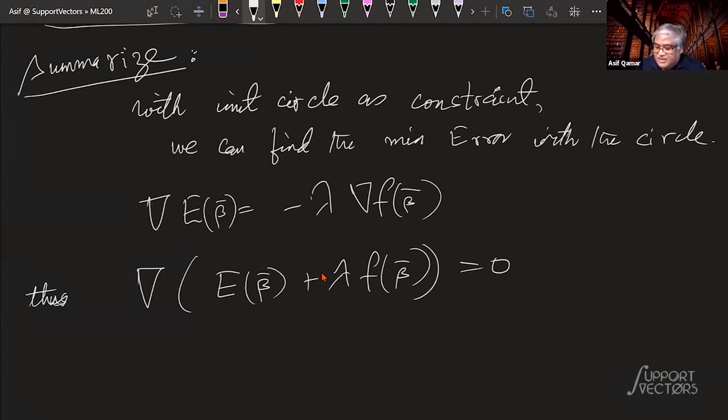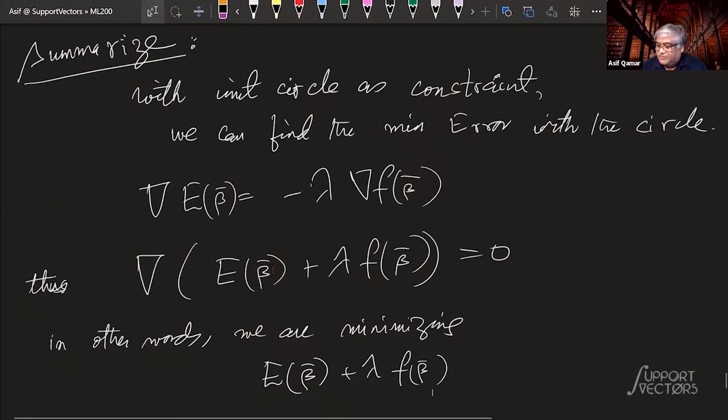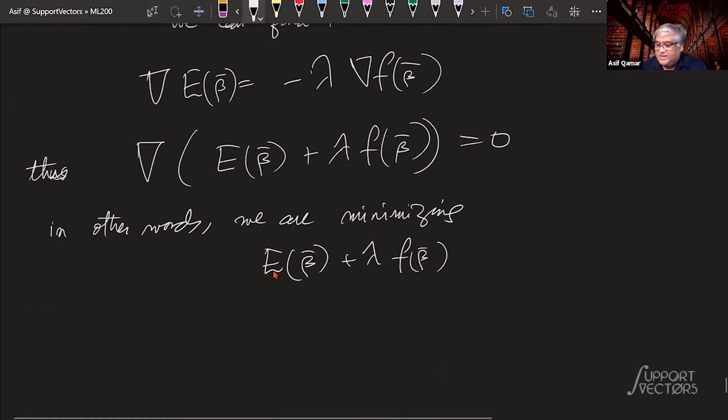And from this, we conclude that, in other words, we are minimizing E(beta) plus lambda F(beta). See, the error function we were minimizing before. Now we are minimizing a different function. This is called the loss function in machine learning.